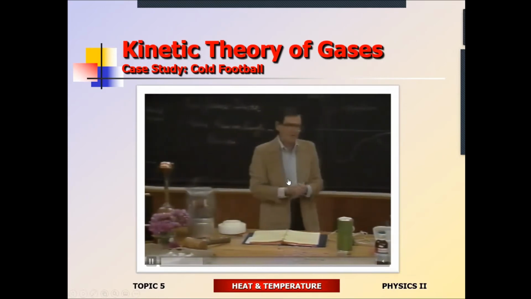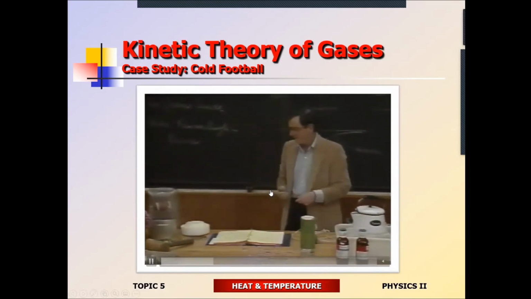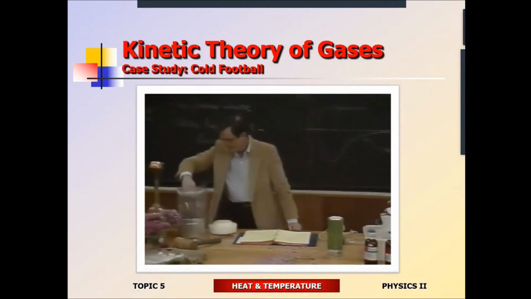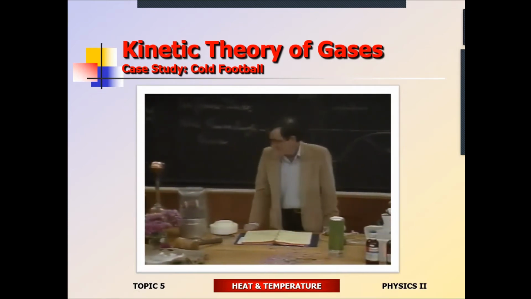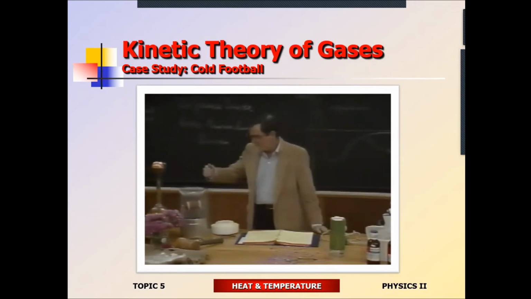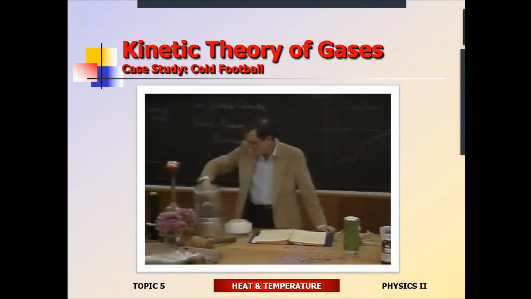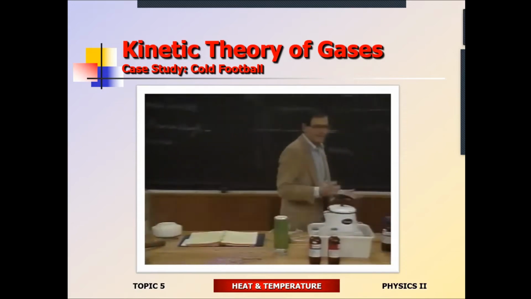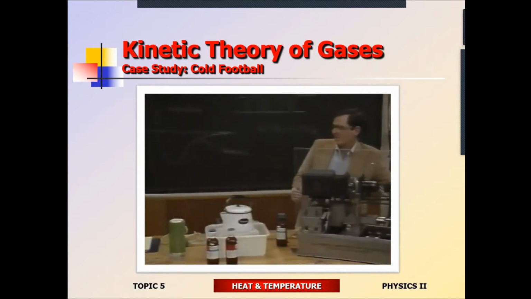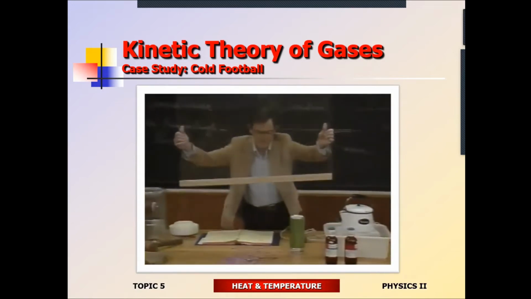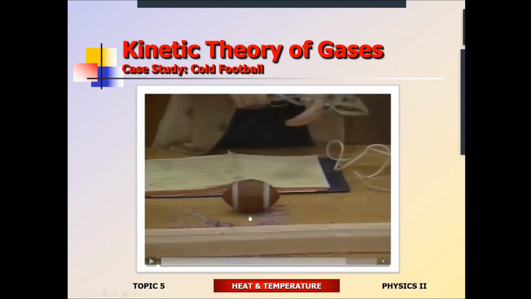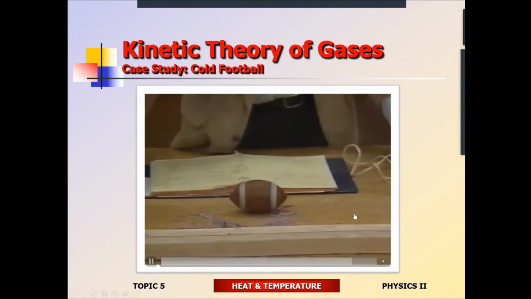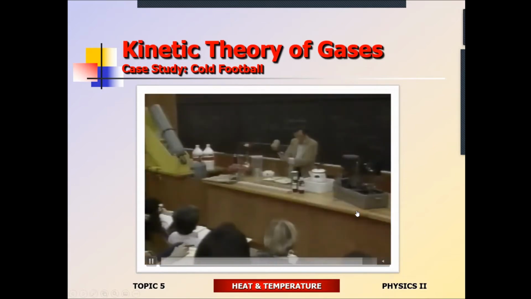Why? If you think about it, the temperature dropped quite a bit. So the temperature is related to the average kinetic energy of the molecules, which means that the molecules slow down. And so the molecular attachments became much more rigid, and it became extremely fragile. It became glass-like, in essence. So that's what happened. As a result, it was able to shatter the football just exactly the same way it was able to shatter the frozen rose or flowers.